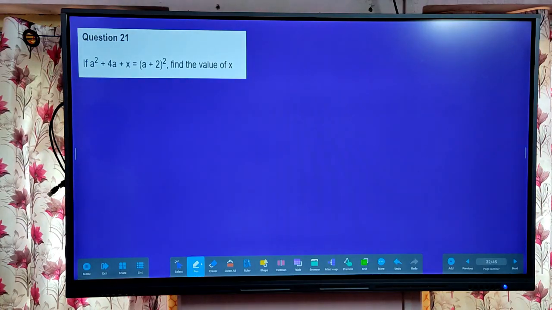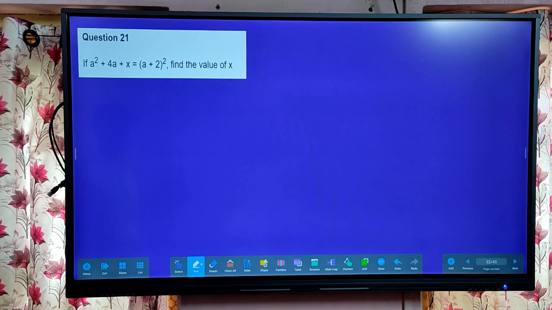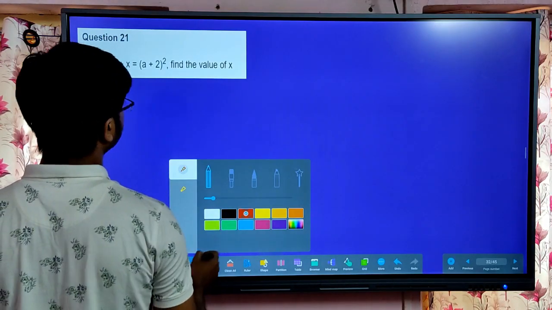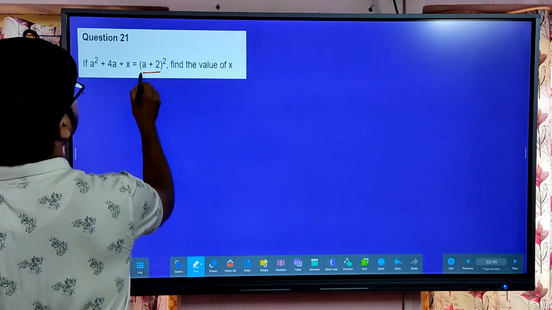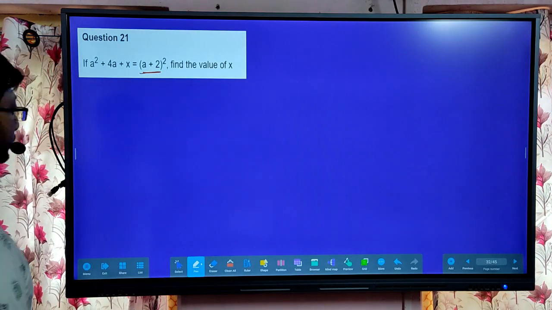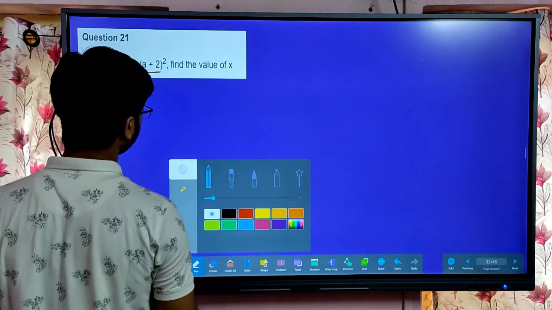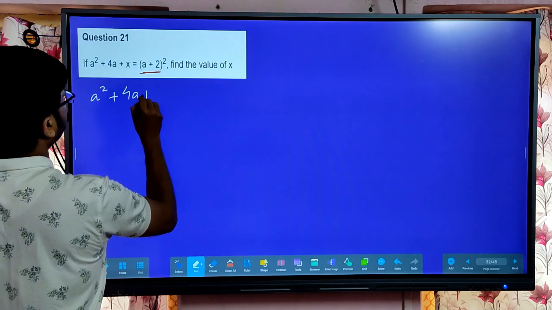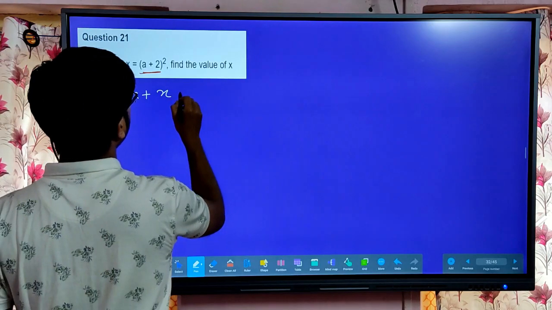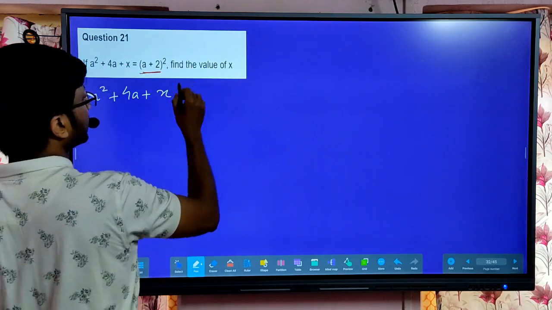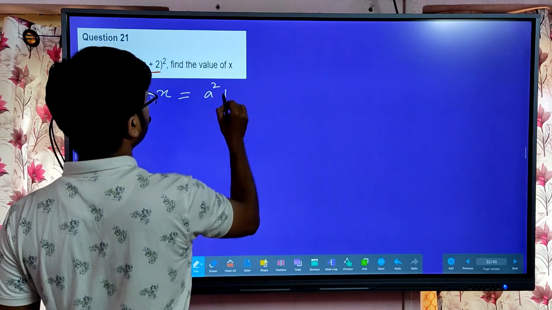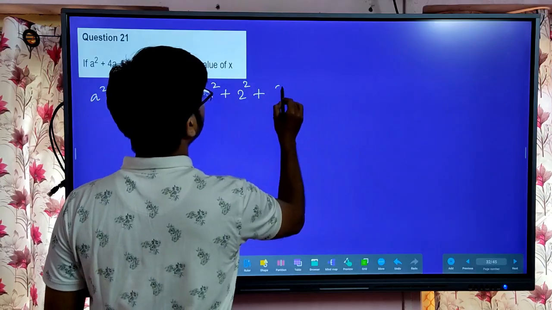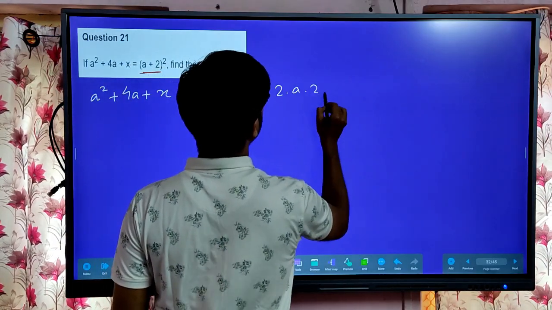If a square plus 4a plus x equal to a plus 2 whole square, find the value of x. What is coming to your head? You just have to expand this, nothing else. Let me see. This is a square plus 4a plus x will be equal to, expand this, a plus b whole square will be a square plus b square, means 2 square plus 2ab, 2 into a into 2.